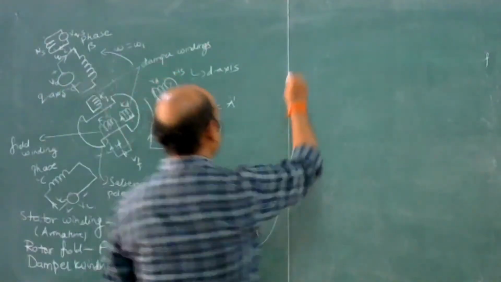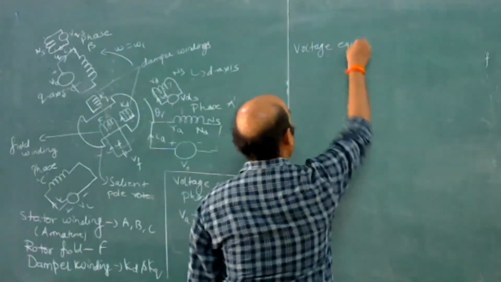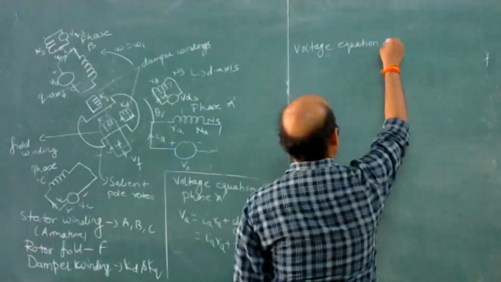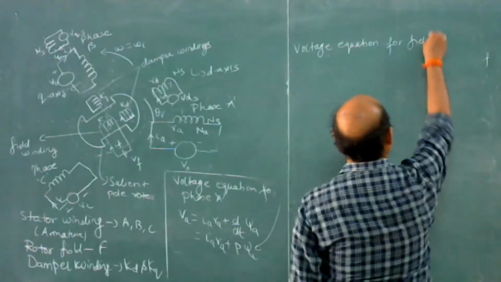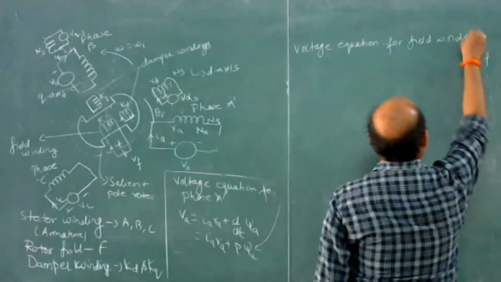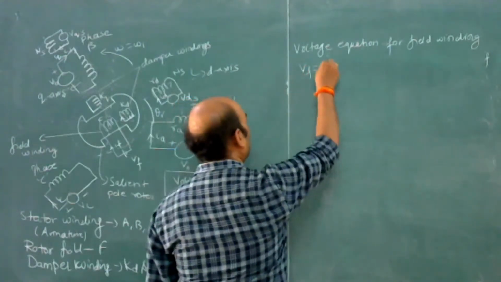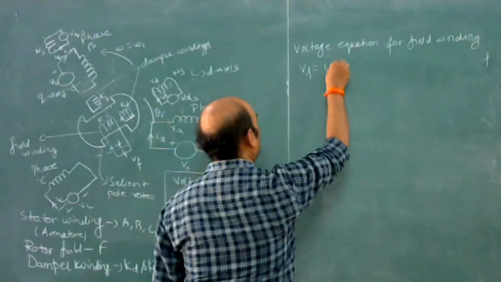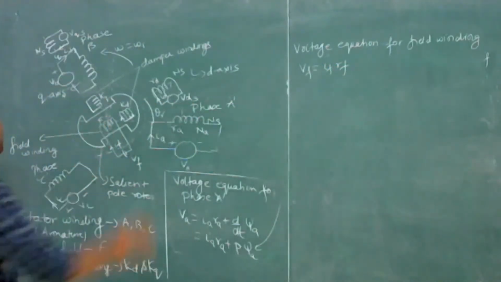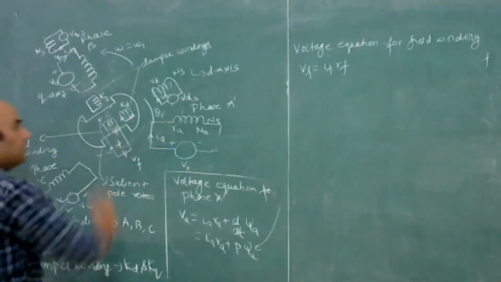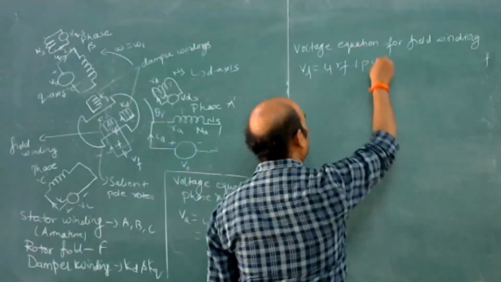So voltage equation for field winding: VF is equal to IF into RF. So this is current IF and this resistance is RF, plus d by dt psi F.